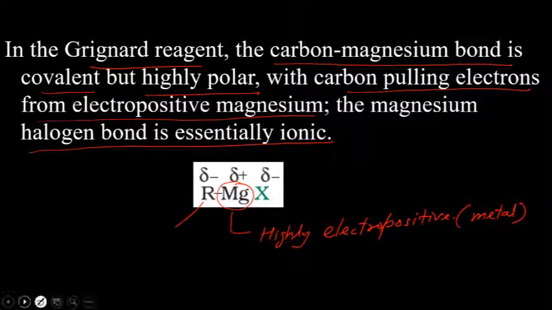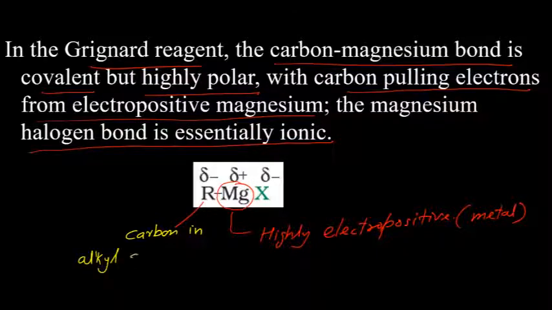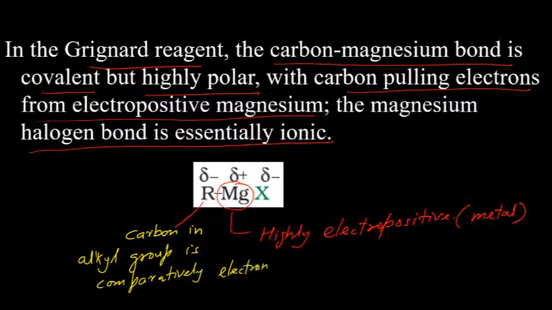So carbon here in the alkyl group is comparatively electronegative. And that's why this alkyl group, as compared to magnesium, attains negative charge.